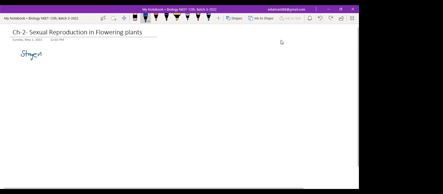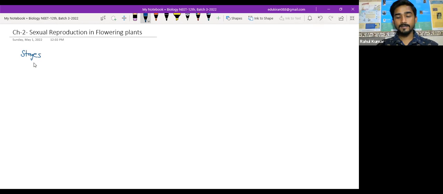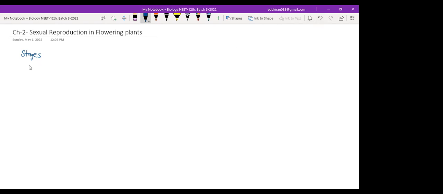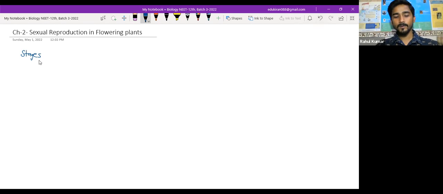What are those 3 parts? Stigma, style, and ovary. No, that is not it; it is anther and filament. Fatima, that is pistil, which we call carpel, or we also call it gynoecium. Remember? Yes, sir.